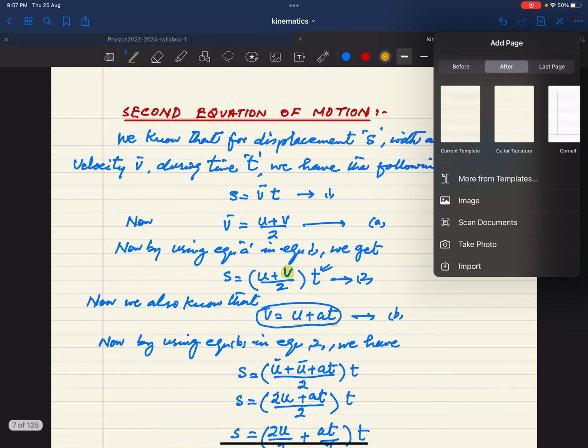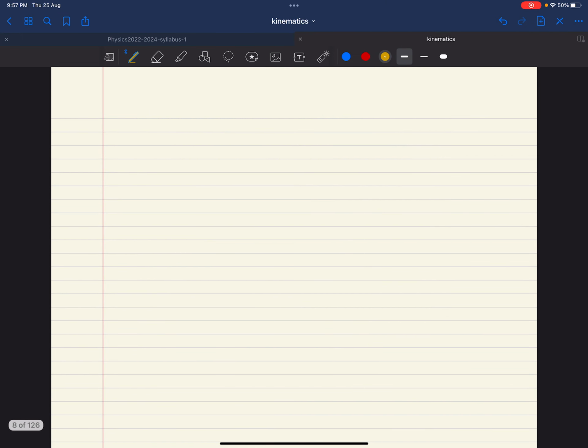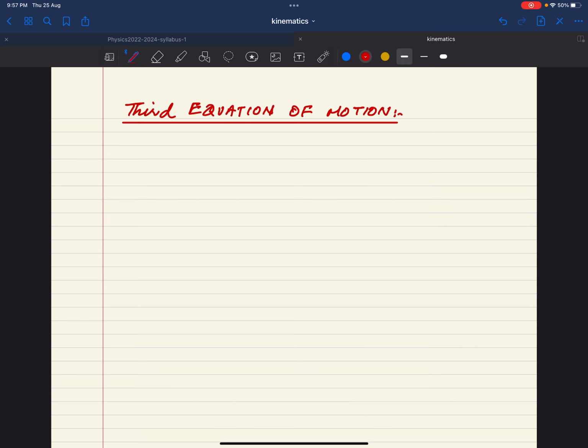Then I am moving to the third equation of motion. For the third equation of motion, we will start from the concept of acceleration and of course time.